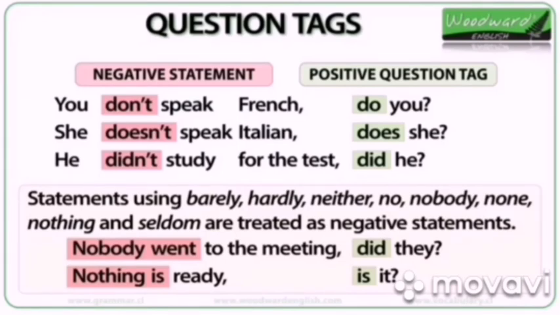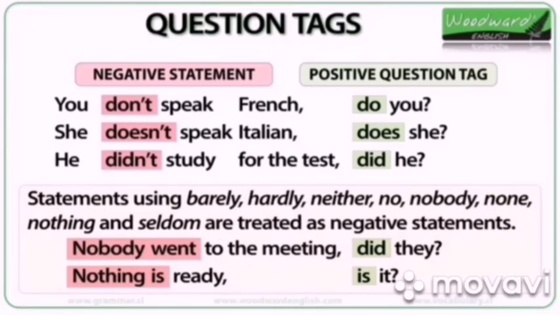Statements using negative words such as barely, hardly, neither, no, nobody, none, nothing, and seldom are treated as negative statements. If those words appear in the statement, then the question tag will be positive. For example, nobody went to the meeting.